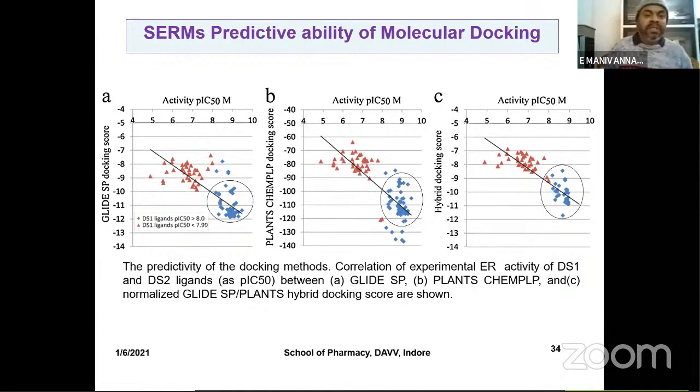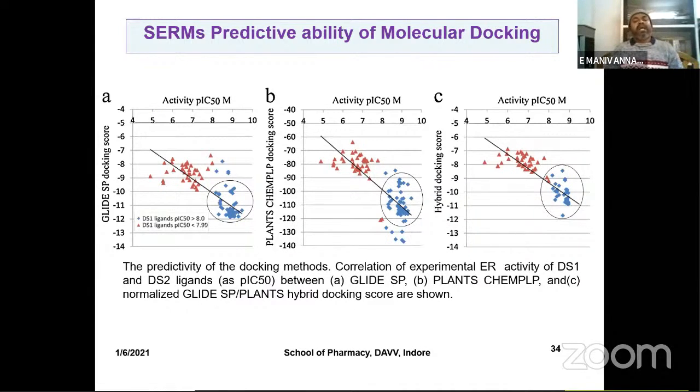The first one, graph A, is plotted for the Glide SP docking score. The Glide SP docking score recognizes almost all active molecules; very few active molecules were scored low.